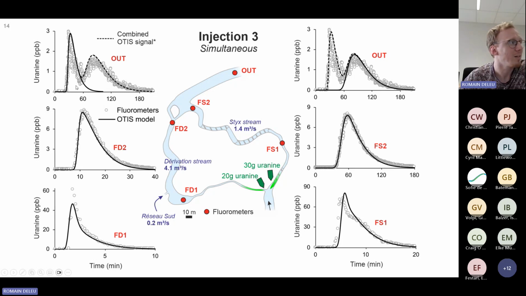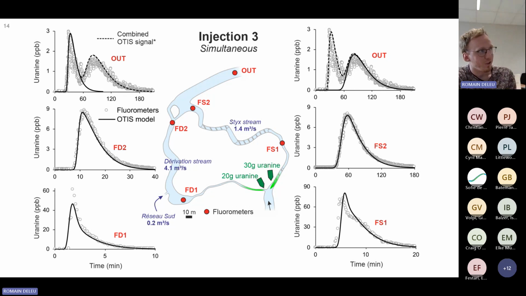If we combine this curve with the curve coming from the stick stream, on the right side of the figure, we get the double peak. This is the dashed line on the out fluorometer. And this double peak seems to match correctly the double peak measured on the fluorometer. So that means the model can successfully model the combination of the 2 peaks into a double peak breakthrough curve.